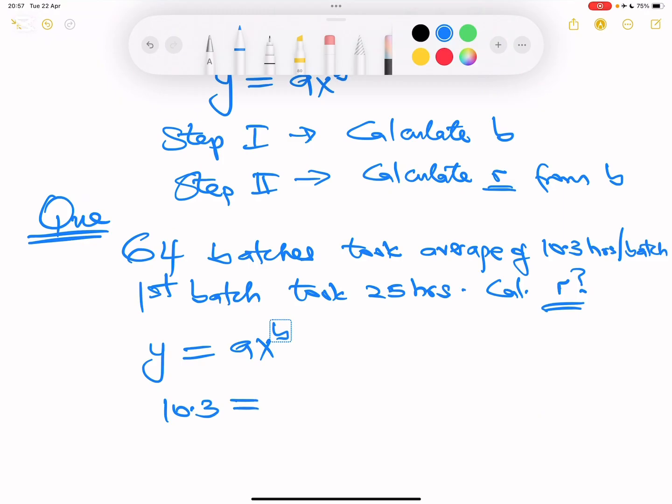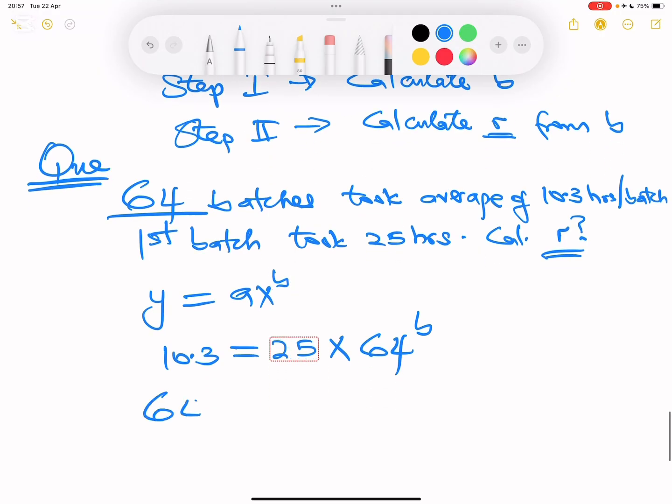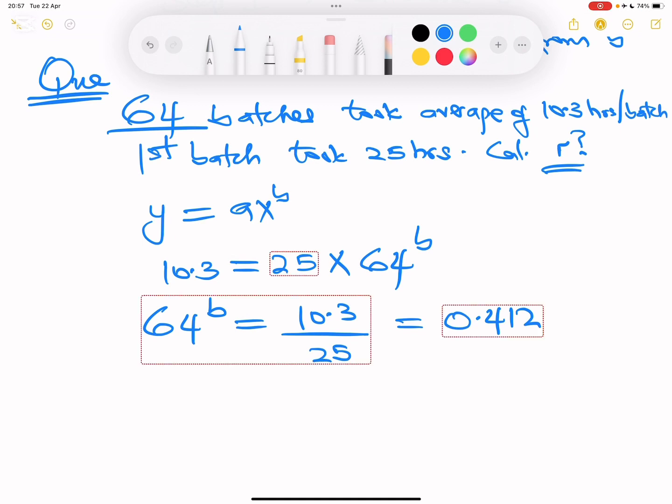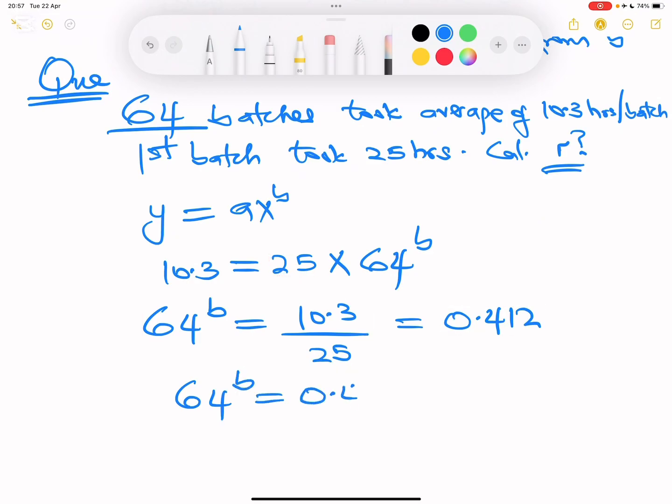And that equals the first batch hour, which is 25, multiplied by the cumulative batches of 64 raised to power B. In that case, 64 raised to power B will be equal to 10.3 divided by 25, which is 0.412. Now we have 64 raised to power B equals 0.412.